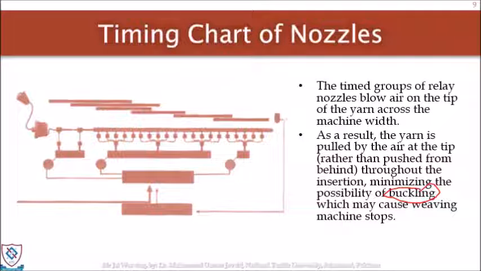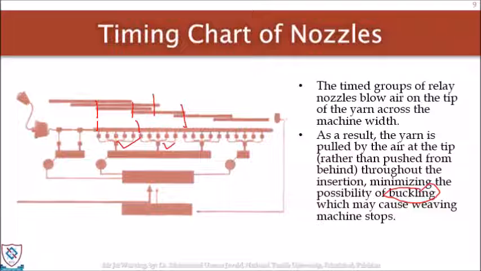To make sure of this, what we do is pressurize different sub nozzles only when the yarn is available over here. For example, if yarn is available in this region, these nozzles will be working.